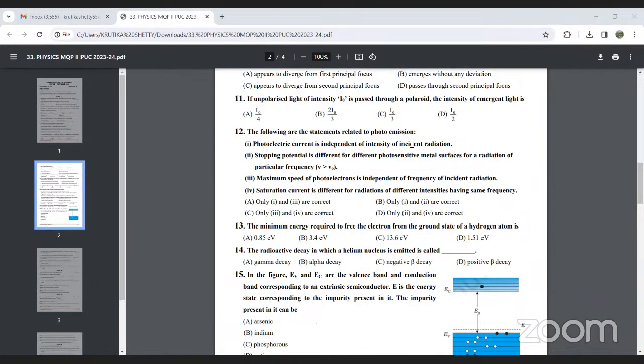Stop. Photoelectric current is independent of intensity of incident radiation. Option A, first and third is correct. Maximum speed of photoelectrons is independent of frequency, independent of intensity.